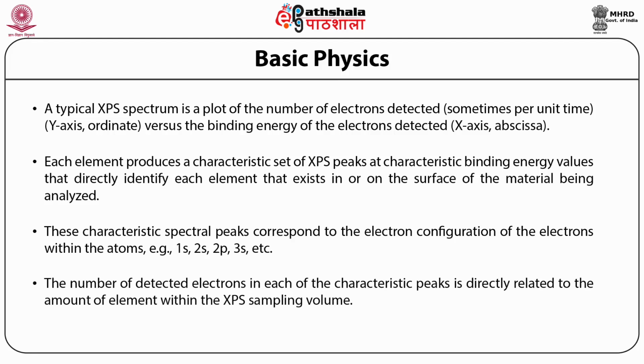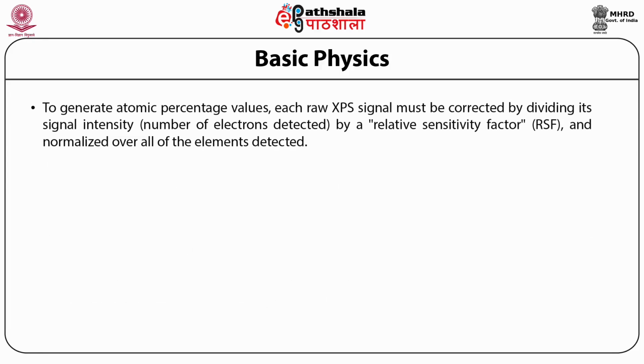The number of detected electrons in each of the characteristic peaks is directly related to the amount of the element within the XPS sampling volume. To generate atomic percentage values, each raw XPS signal must be corrected by dividing its signal intensity, the number of electrons detected, by a relative sensitivity factor called RSF, and normalized over all of the elements detected.